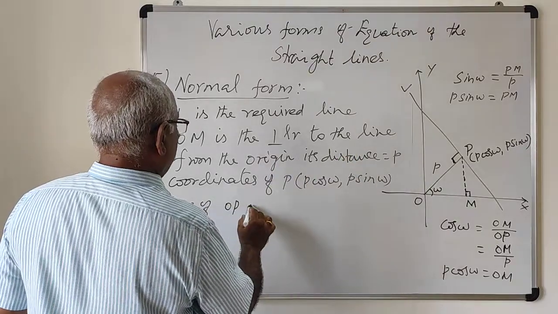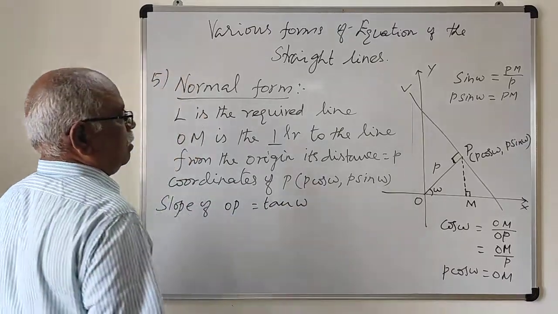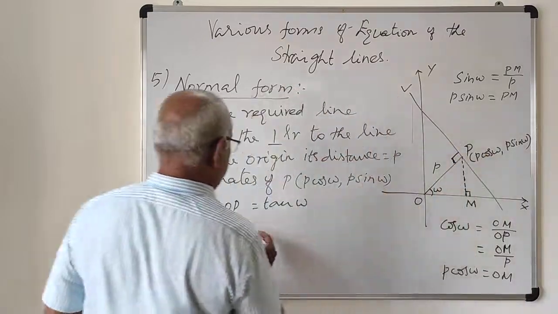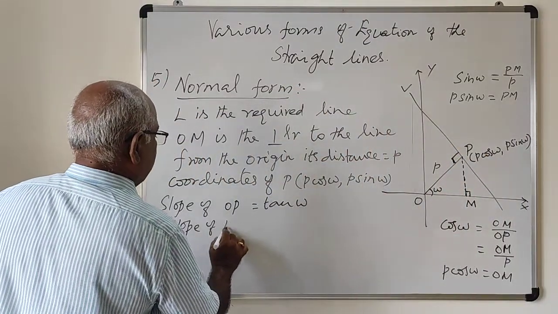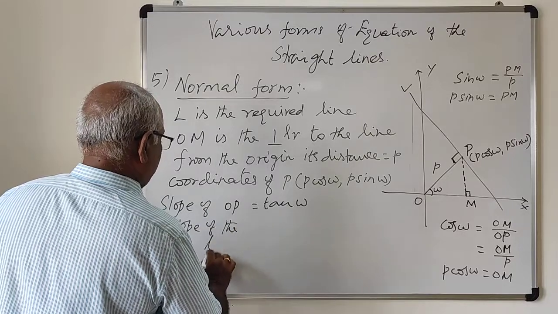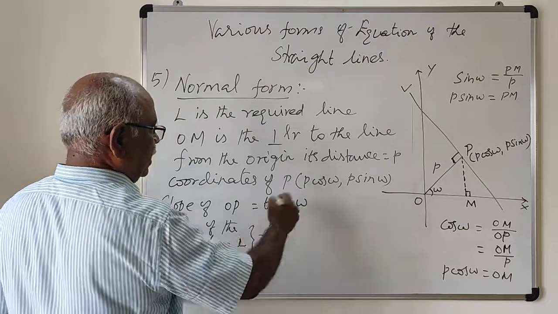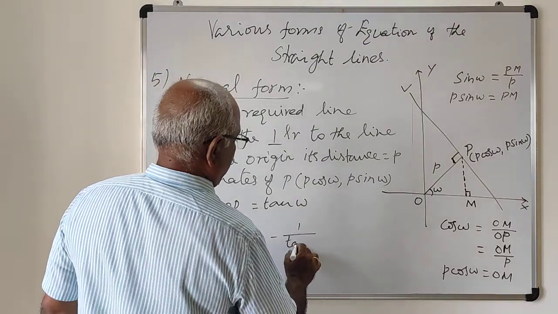But the line L is perpendicular to OP. Therefore, the slope of the line L is the negative reciprocal, minus 1 by tan omega.